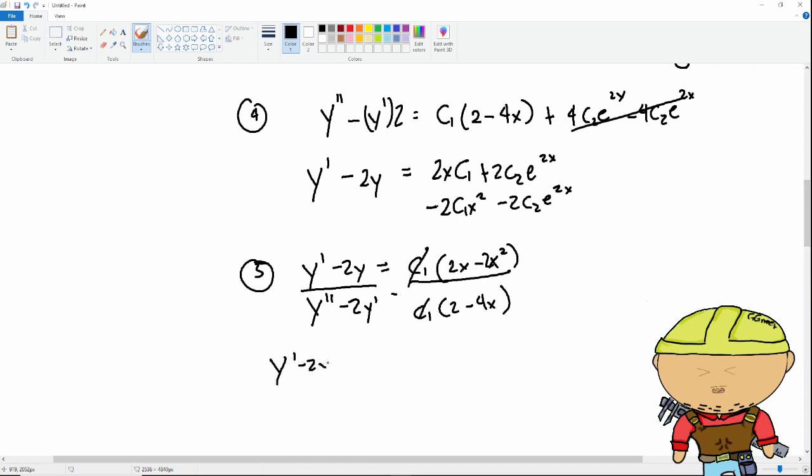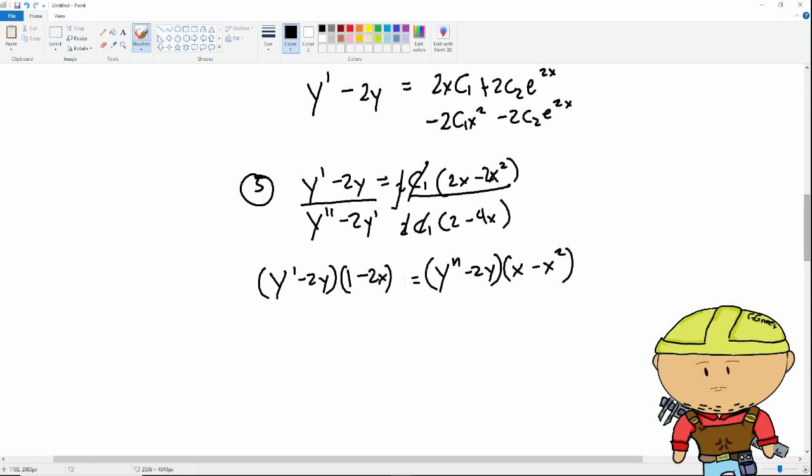y prime minus 2y over 1 minus 2x. I'm gonna eliminate 2 from both of them, right? Then y double prime minus y prime over 2x minus x squared. Okay, don't forget that it is y prime.